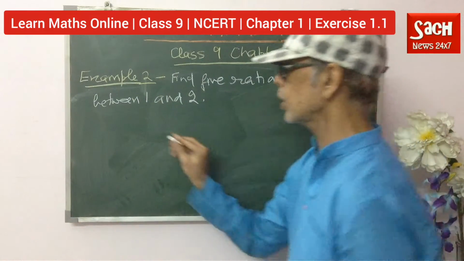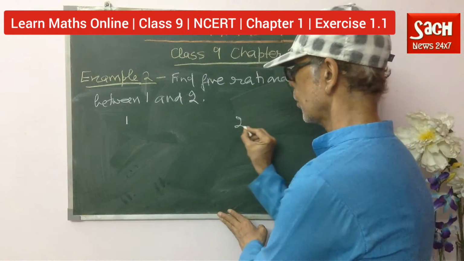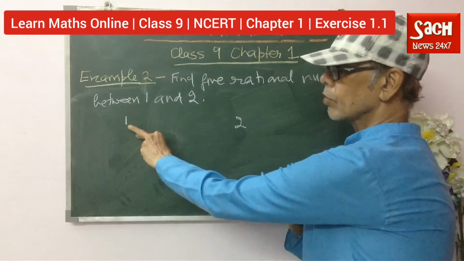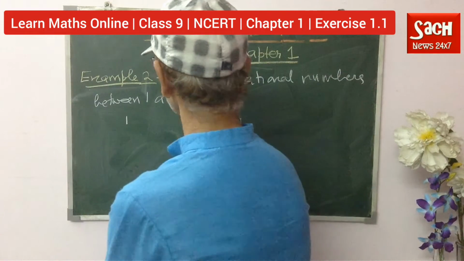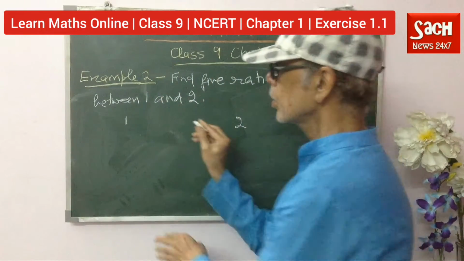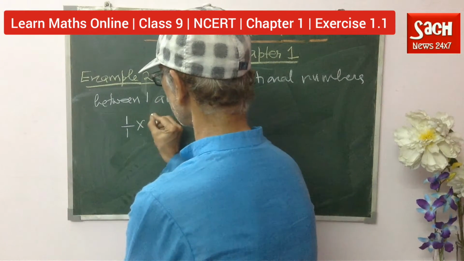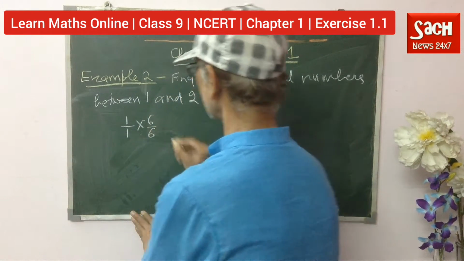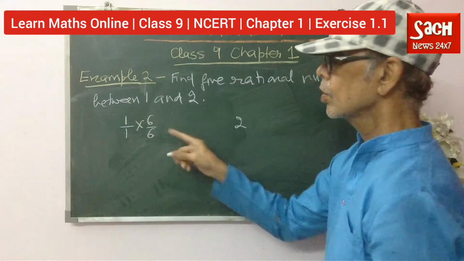The simplest way is to write here 1, write here 2. You want to find the rational number between 1 and 2. Say you want to find 5 rational numbers. Represent 1 by 1 and multiply by 6 by 6, because you want to find 5 numbers, so write 6.